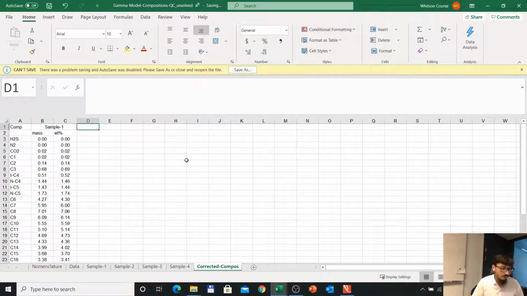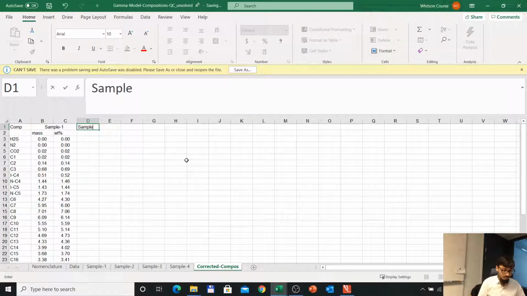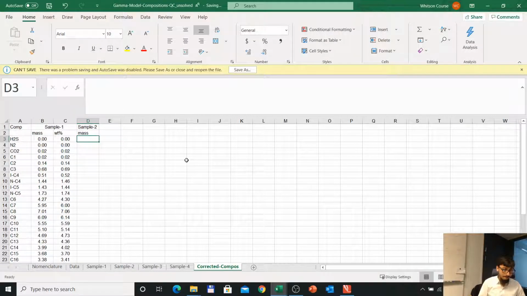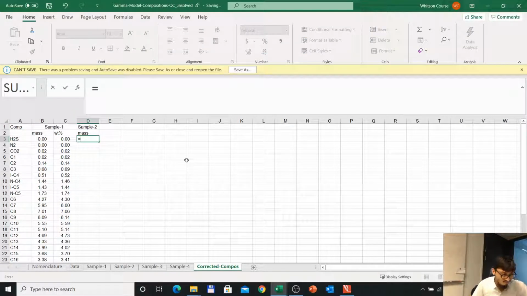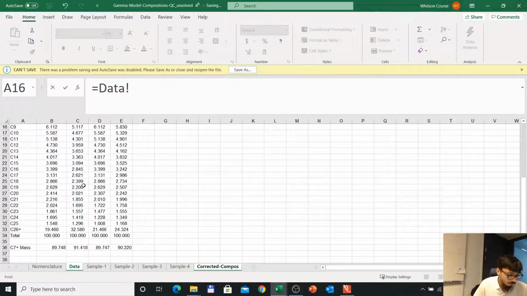Now we go to sample 2. Again, what we're going to do first is calculate the mass.